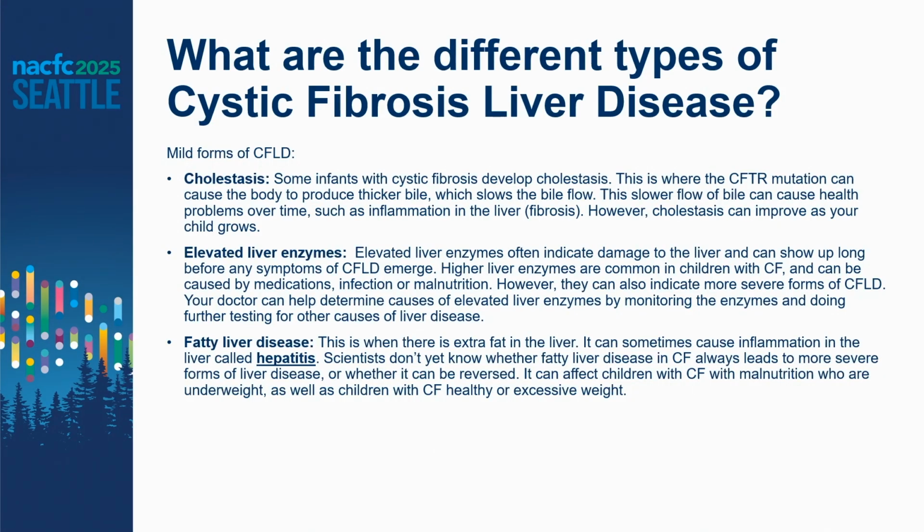Some infants with CF develop cholestasis in the newborn period. This is where the CFTR mutation can cause the body to produce thicker bile, which slows the bile flow. The slower flow of bile can cause health problems over time, such as inflammation in the liver and fibrosis. However, cholestasis can improve as the child grows.